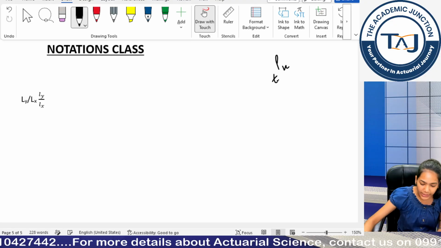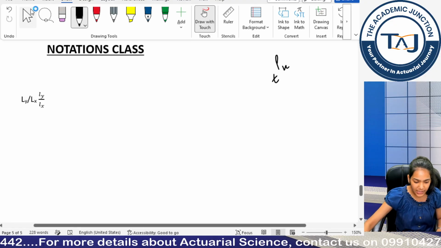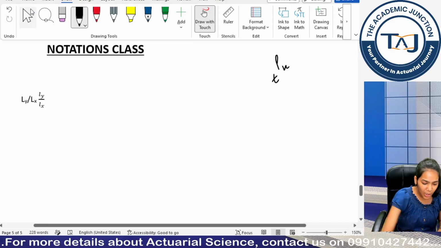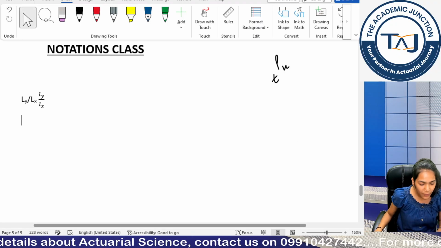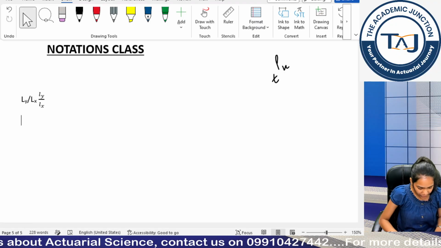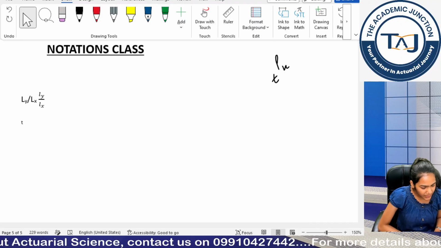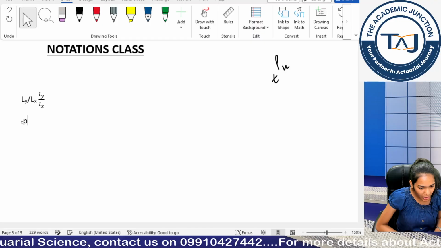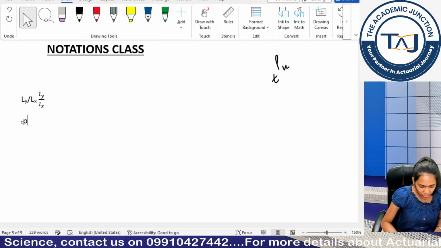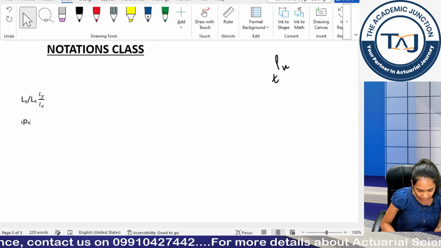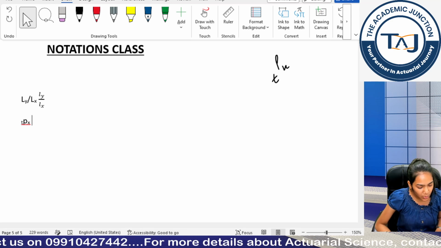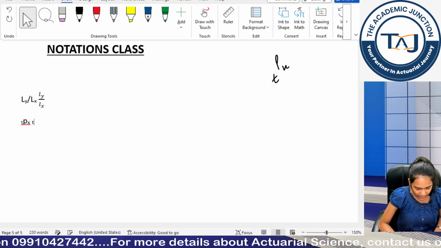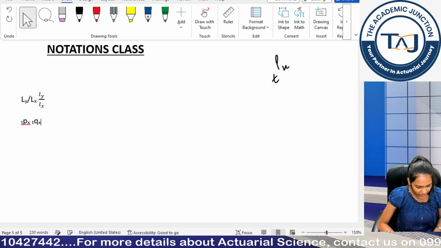I have T in the subscript, then P in the normal script, and finally X in the subscript. So how will I write it? Control shift minus to go to the subscript, control shift minus to come to the normal script, then I write my P, control shift minus again to the subscript, control shift minus. Similarly, if I write TQX, control shift minus T, control shift minus Q, control shift minus X.